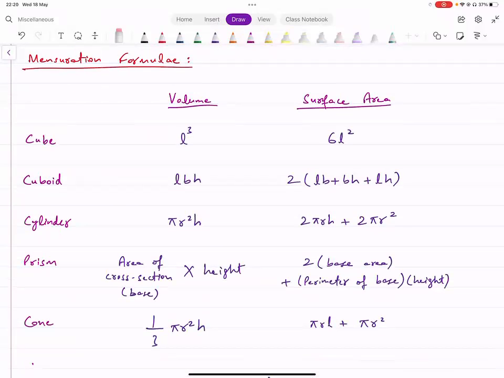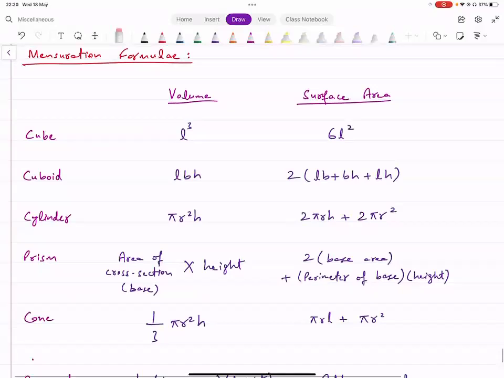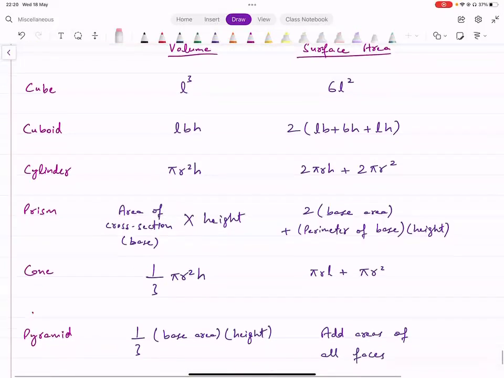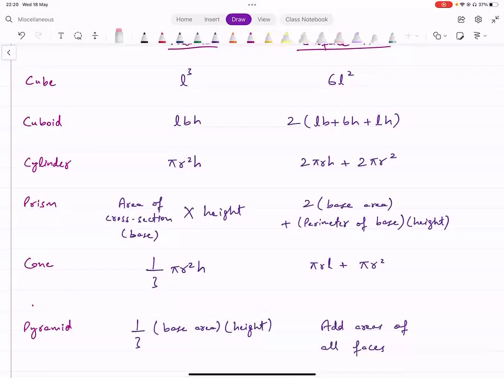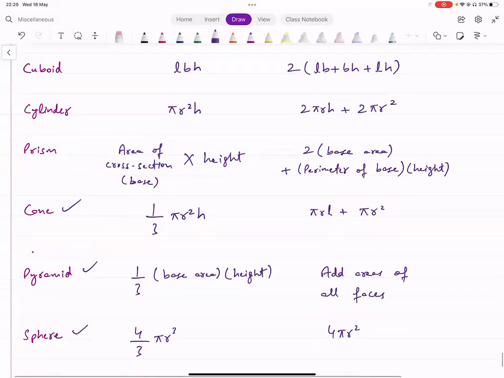Finally, in the rate of change questions, you will a lot of times have to prove something in the first part. Those will be some mensuration questions, these are all O level concepts, but you have to know these formulas in case you've forgotten. Some formulas are given in the formula sheet: cone, pyramid and sphere are given in the formula sheet.